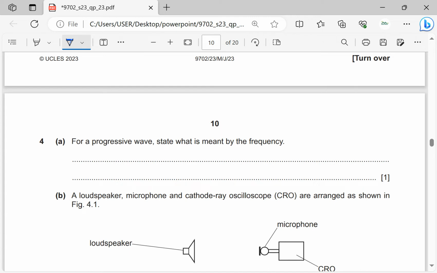For a progressive wave, state what is meant by frequency. Of course, frequency is the number of oscillations of the source per unit time. The number of oscillations of the source, or of a point on the wave, per unit time.